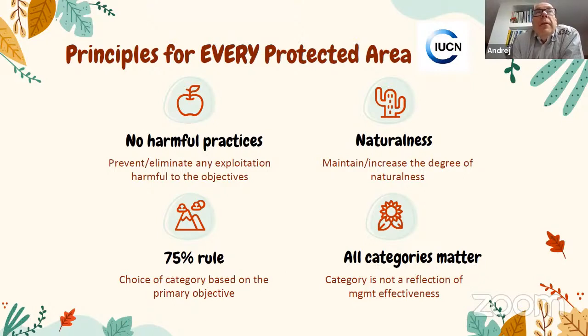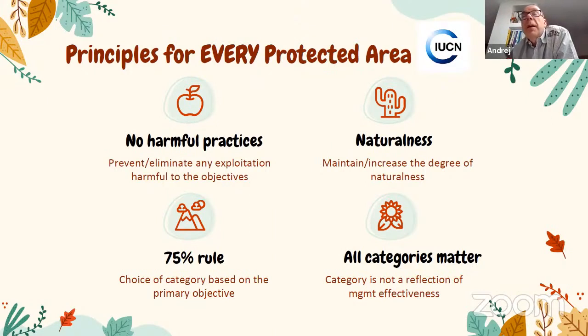So if we are designing or managing a protected area, we still have 25% of the area where we can do also other things. But please let us realize that we want to have 75% of each protected area managed according to the primary management objective.